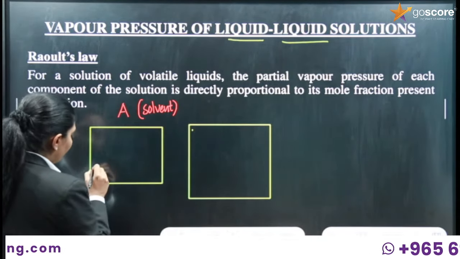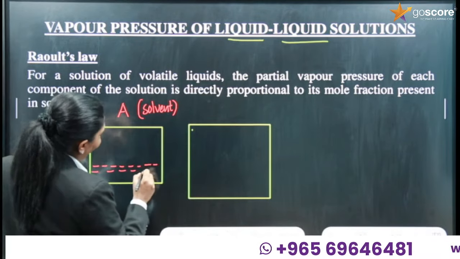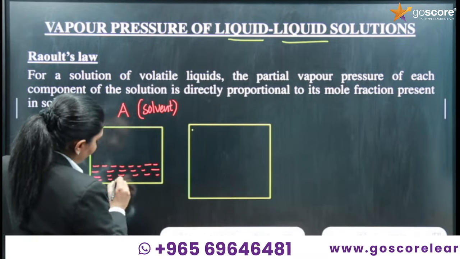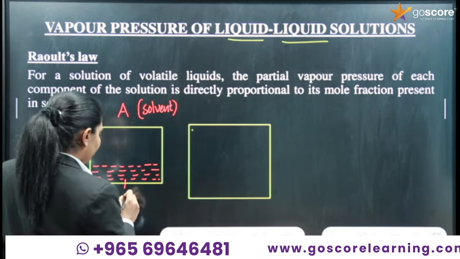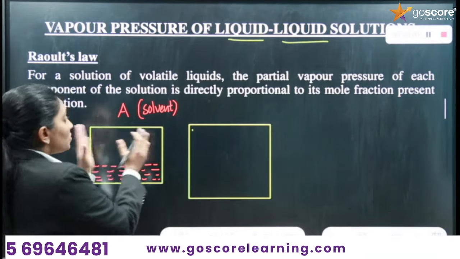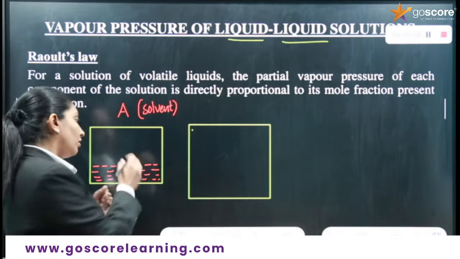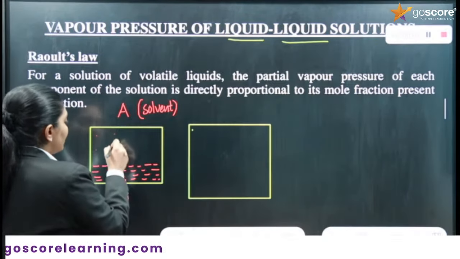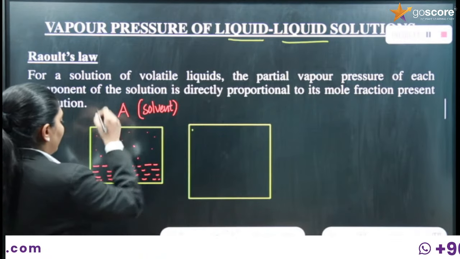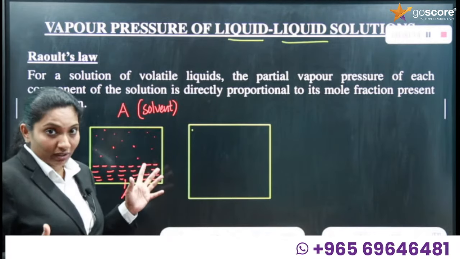Here I am filling the liquid A in a closed container at a constant temperature. So this is the component A, that is the solvent. In a closed container, we are filling in the volatile solvent, so definitely there will be some particles, the vapors will be formed, right?